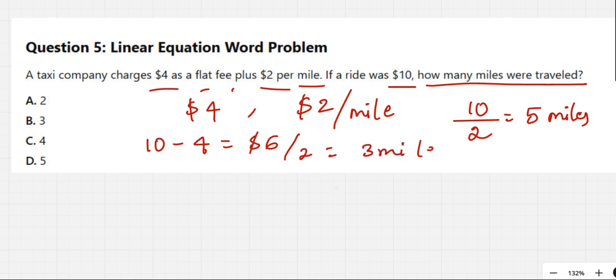Therefore, instead of 5, we actually need to focus on the question, that is 3 miles with $2 per mile. That's why the total fare was $10. They clearly mentioned the $4 is a flat fee. That's all. This is quite easy, and this is really fun to look at these types of questions in SAT Mathematics.